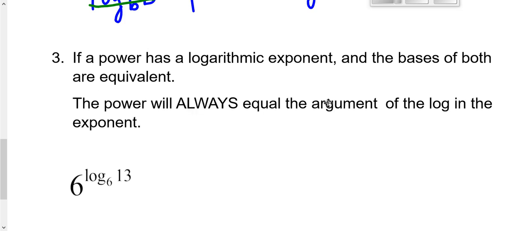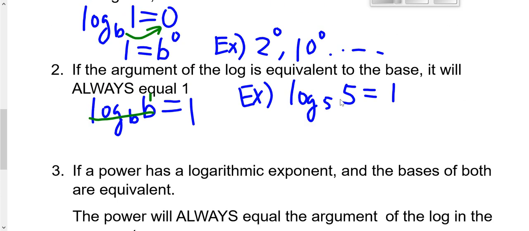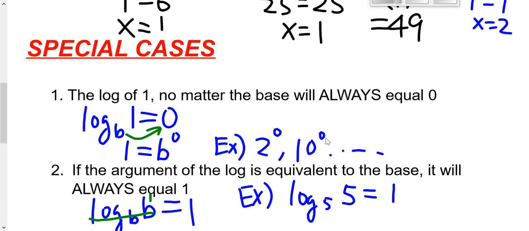So in this case, if you plug this into your calculator, this would cancel out, and that will give you 13. Look at the example we did from above. This point is a bit trivial, but have a look.